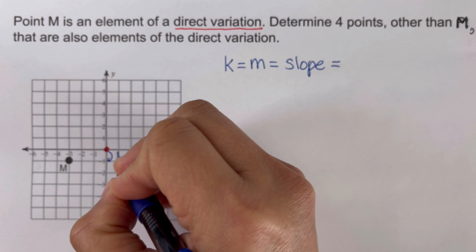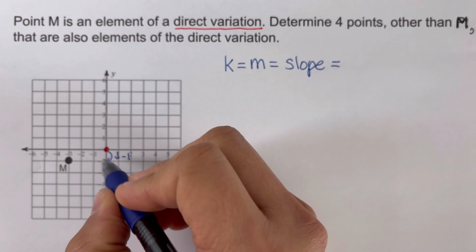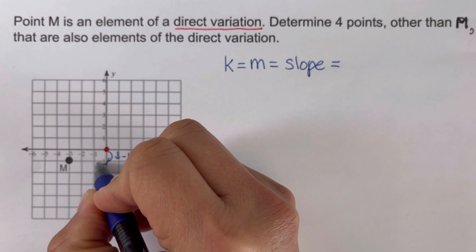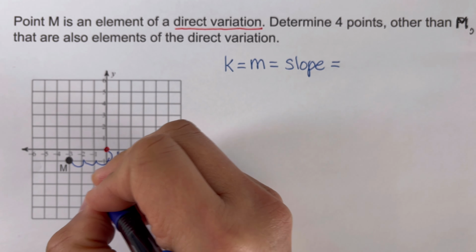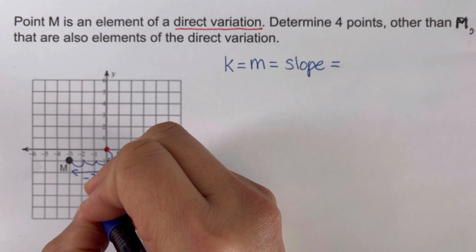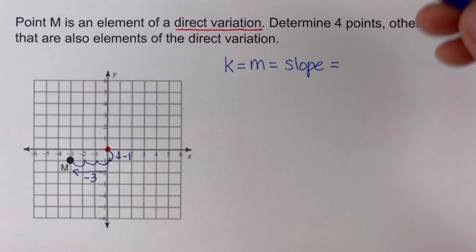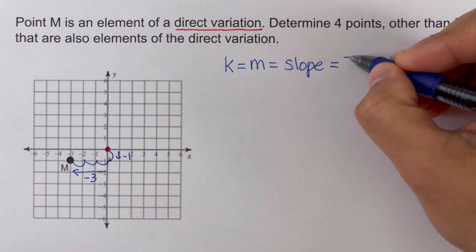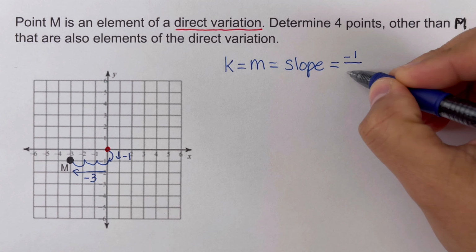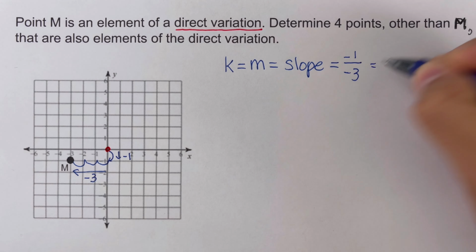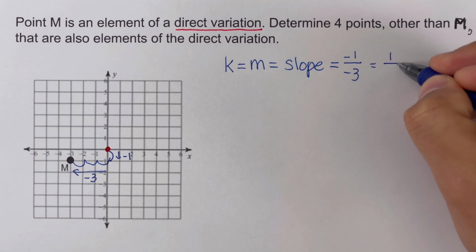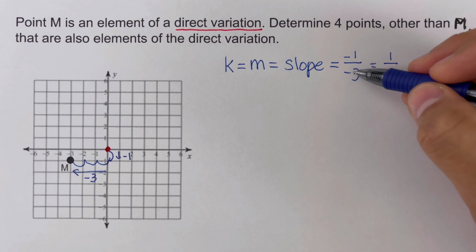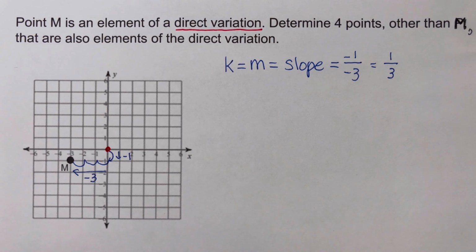So that is a negative 1. And we go to the left 1, 2, 3. We went to the left 3, so that's a negative 3. So our slope is negative 1 over negative 3. We can rewrite this as positive 1 over 3 because the negative and the negative will come out positive.